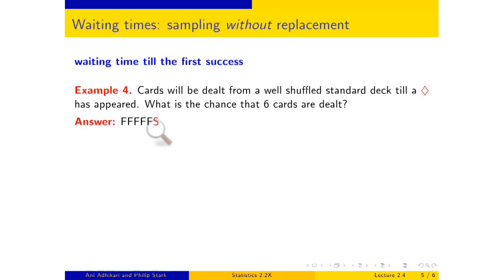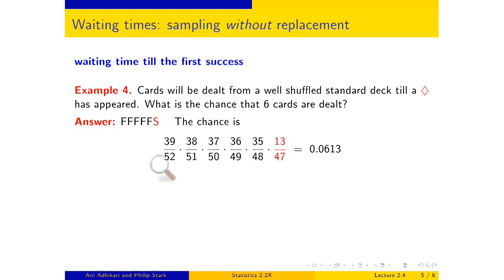Can we find the chance of this? Sure we can. Not a diamond, and not a diamond, and not a diamond, and not a diamond. So what is the chance of that? Well, multiplication rule, and the chance is there are 13 diamonds, so the chance that the first one is not a diamond is 39 over 52. And now 38 over 51, and so on.